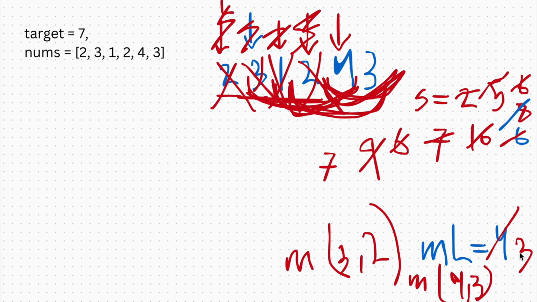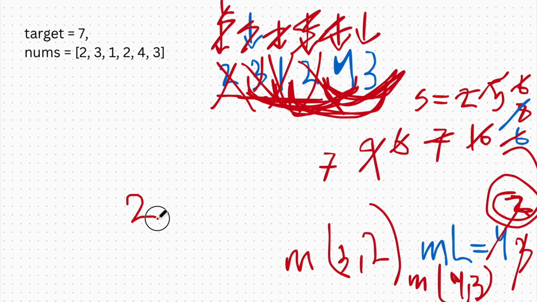Okay, the minimum is 2, so the minimum length is 2. Now 7 is equal to 7, so we shrink our window again and move this here. But now we finished our array. The minimum length we have is 2, so we should return 2.